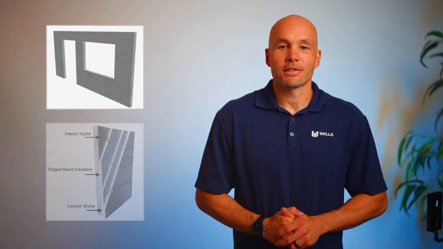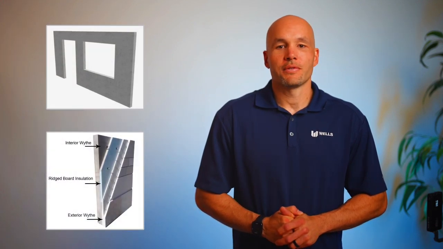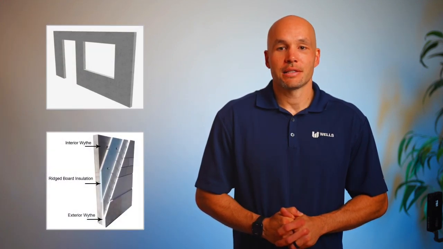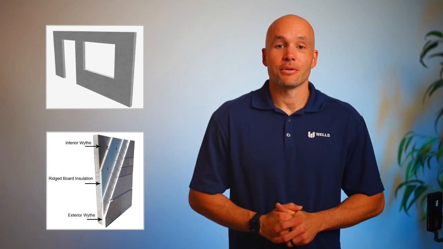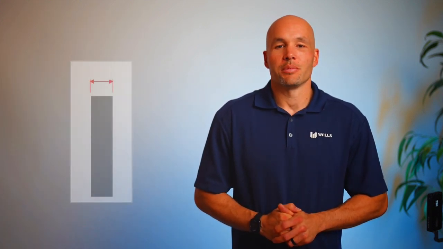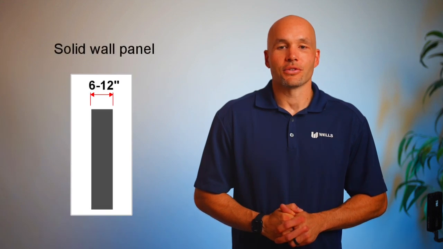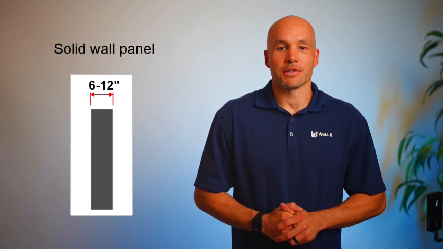The two primary wall panel types you will see in precast construction are solid and insulated wall panels. Both of these sections utilize pre-stressing tendons, which reduce costs and increase efficiency in the design of wall panels. Solid walls can be provided in standard thicknesses ranging from 6 to 12 inches thick.